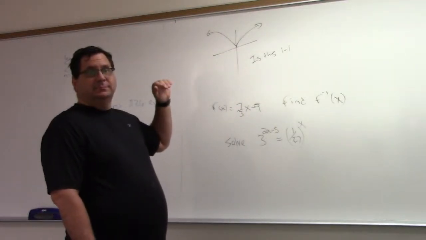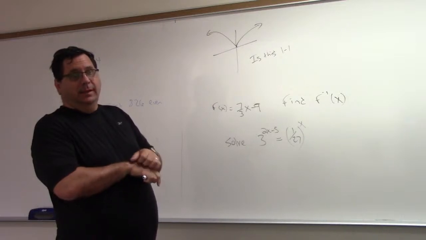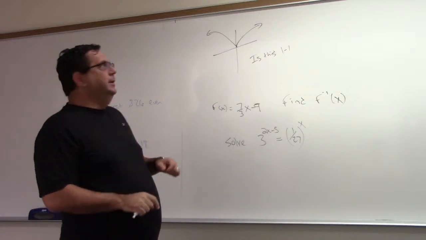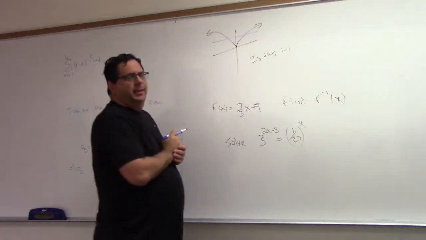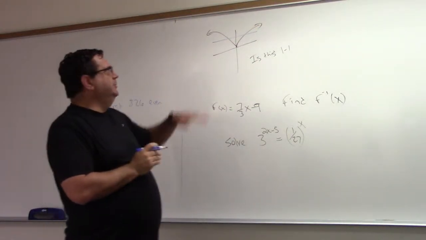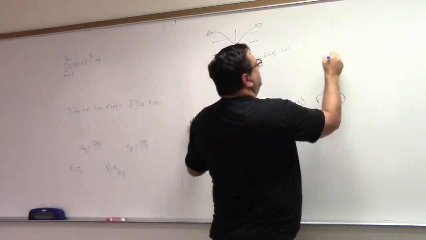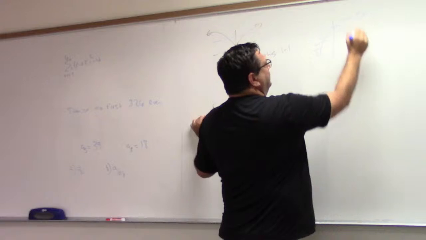Yeah. Okay, so 1 to 1 means it has to pass the horizontal line test. That means it cannot hit a horizontal line twice. So this is not 1 to 1. Now, this is 1 to 1 because all horizontal lines will only hit once.